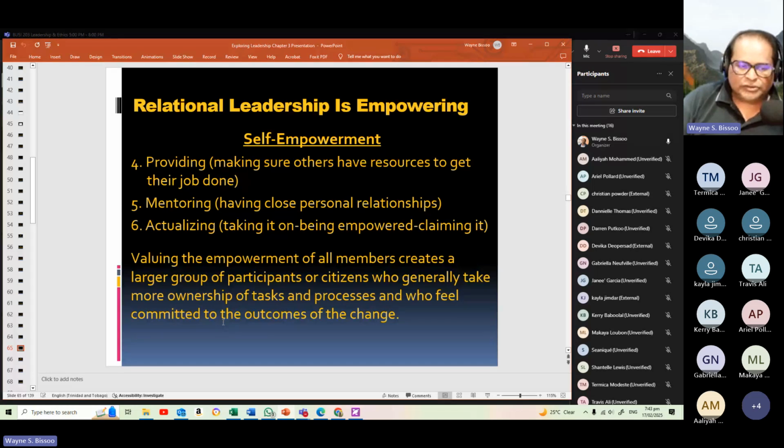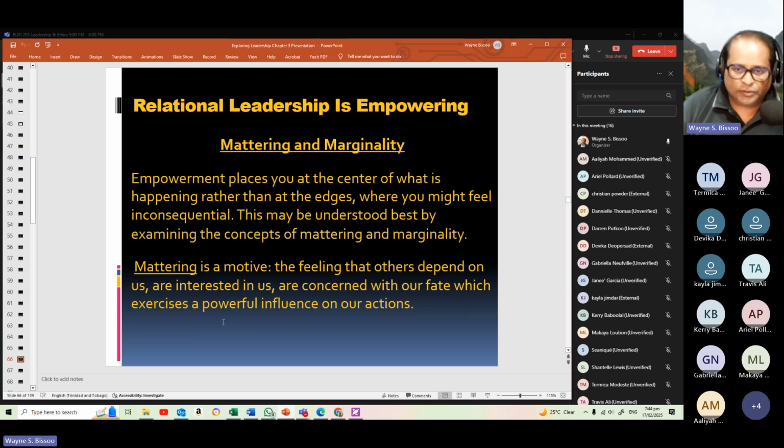Mentor those individuals around you, and then of course take on those opportunities where you can actualize the empowerment, and that is item 6. All right. You as a leader or you as a follower, these are part of your responsibilities of being able to take charge and take control of being empowered across the board.